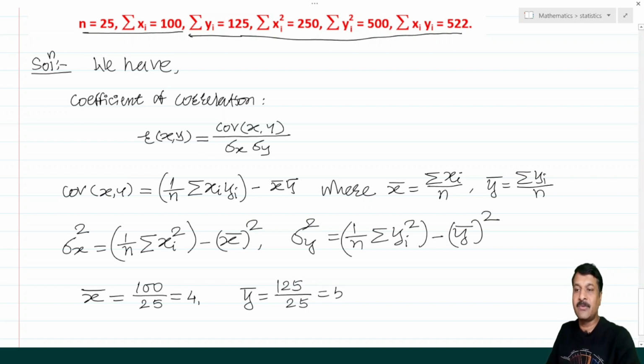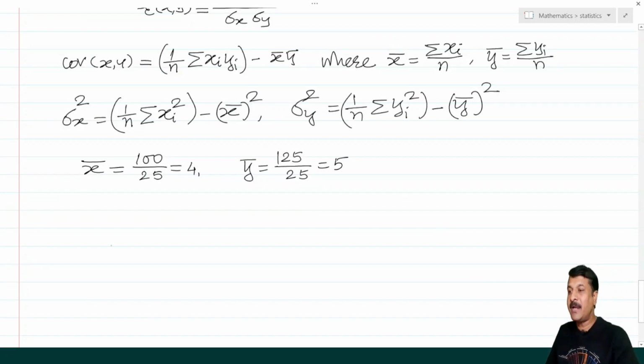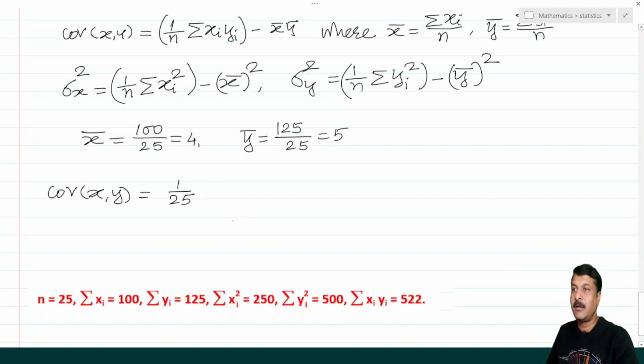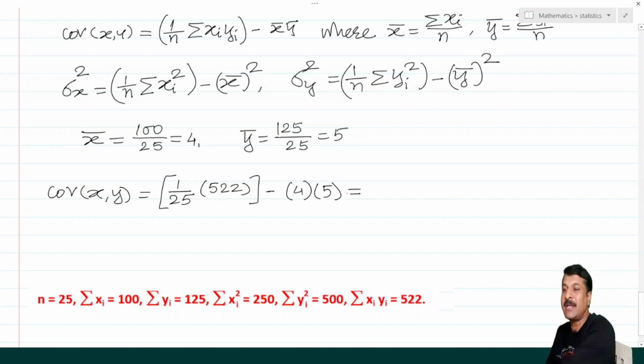So that is equal to 5. So I can find the covariance of xy. By formula it is 1 by 25, 1 by n summation of xi yi. What is the given value? 522 minus x bar y bar. By calculator find this value. I am getting here 0.88.